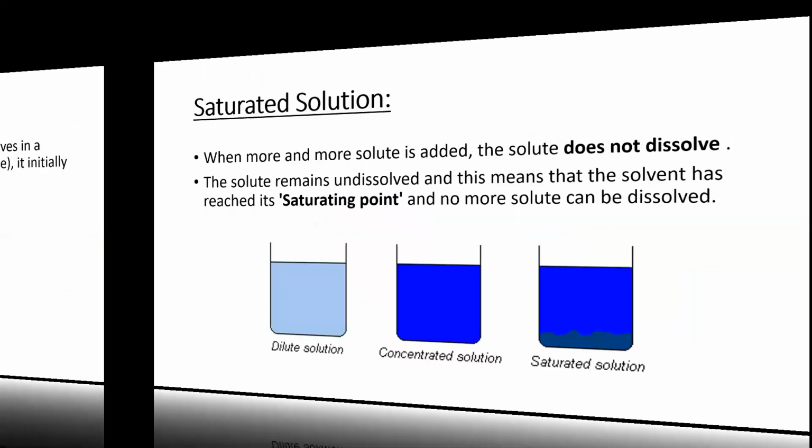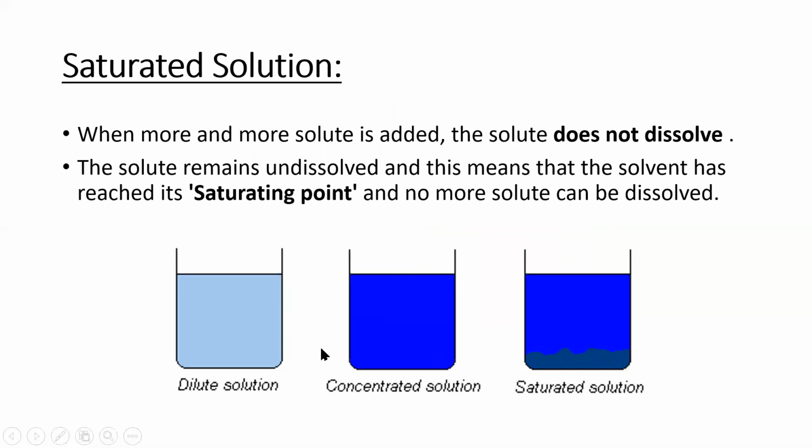But what will happen if we go on adding more and more copper sulfate in the solution? Let's see. You can see here three diagrams. First diagram, the color is not that dark. This kind of solution is called dilute solution. If we go on adding copper sulfate more and more, then it will become concentrated solution. But beyond a certain limit, if you go on adding more and more copper sulfate, then it will not get dissolved, right?